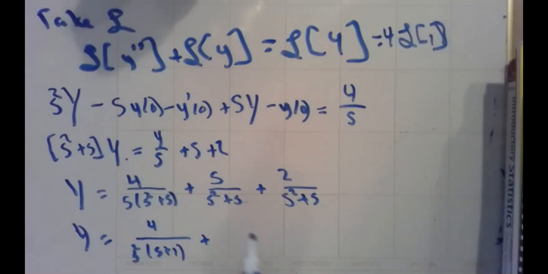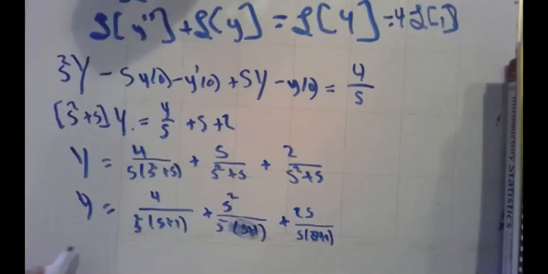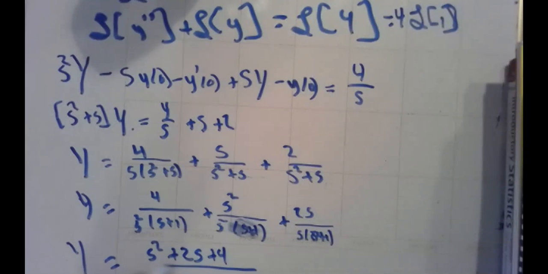This one needs another s, so it'll be s squared, (s plus 1). And this one needs another s, so 2s, s, (s plus 1). So capital Y will be (s squared plus 2s plus 4) over s squared times (s plus 1).